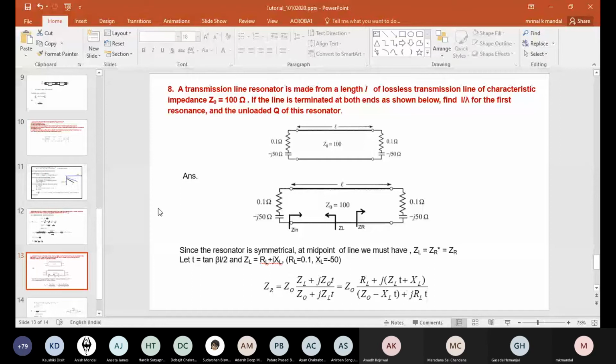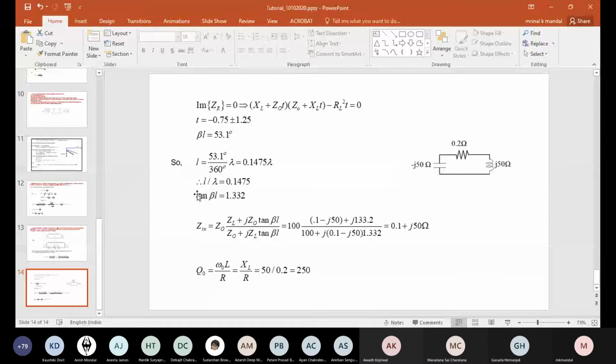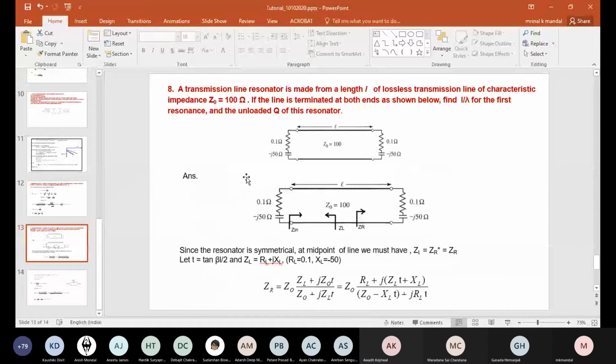You have to calculate L by lambda naught for the first resonance and the unloaded Q of this resonator. Well, unloaded Q, you can use the formula from the previous one. So here, how to proceed, because this type of problem we never did.